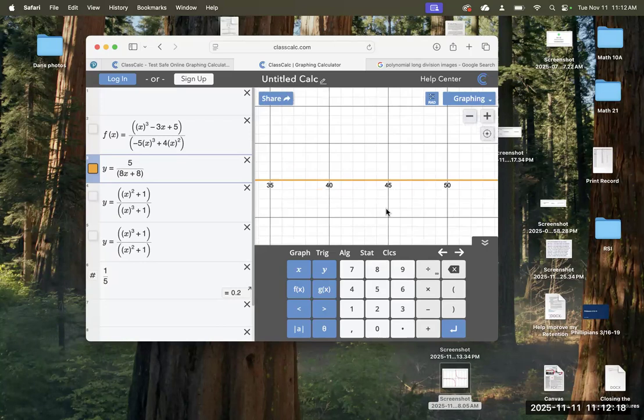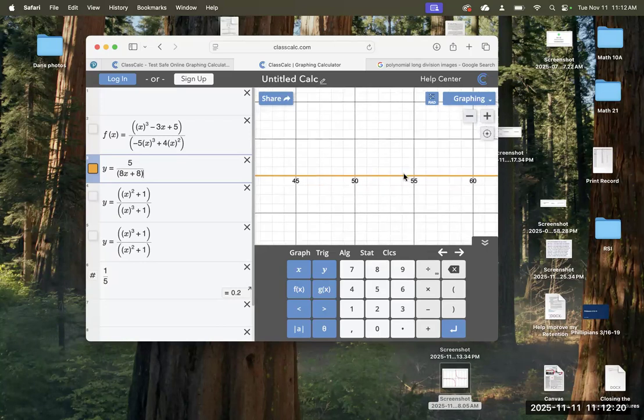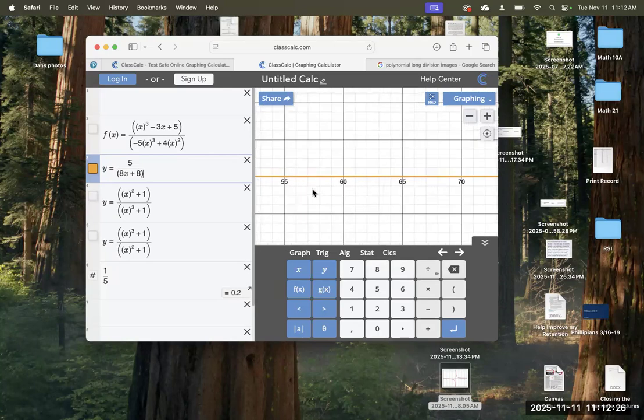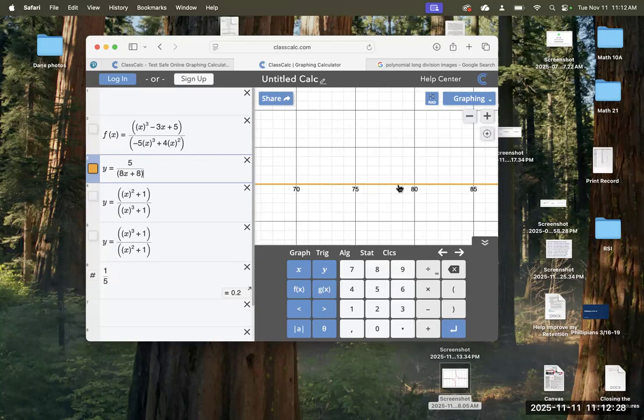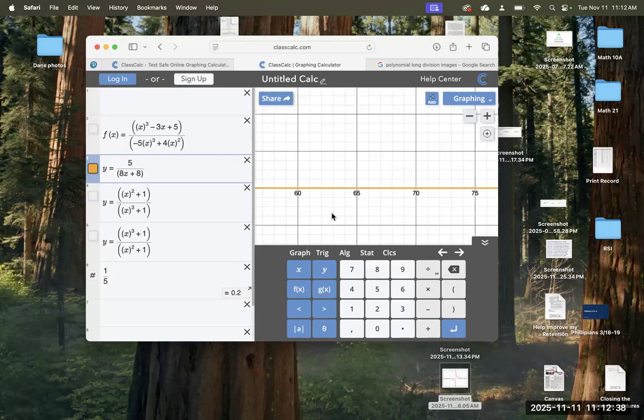Even if we went way out here, it's still not equal to 0 quite yet. It's going to go to infinity but never quite hit 0. That's what an asymptote is.